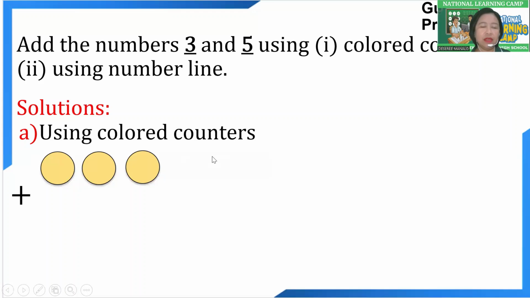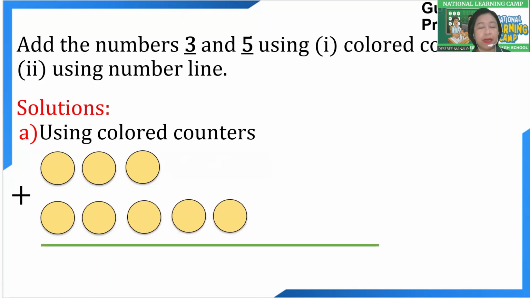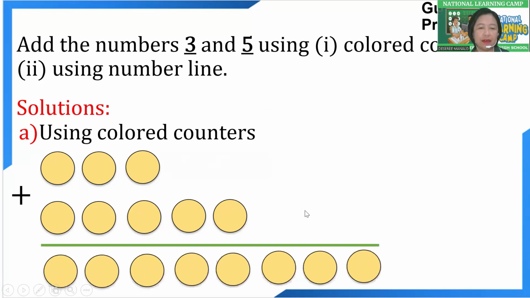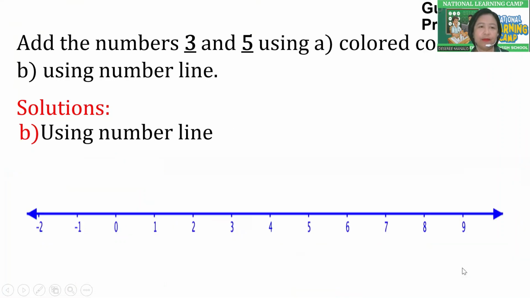Using colored counters, the yellow means positive, so 3 yellow colored counters, and another 5 positive, so you will use 5 yellow counters. The total of yellow counters is 8. For the number sentence, we have positive 3 plus positive 5 is equal to 8. They are both positive and therefore the sum is also positive.